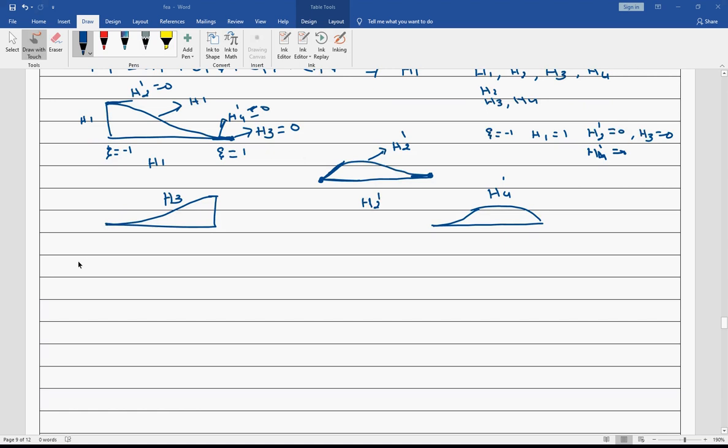You have to recall, I'm not going to go through the full derivation. You have to recall the Hermite cubic spline interpolation, which we studied in CAD/CAM.